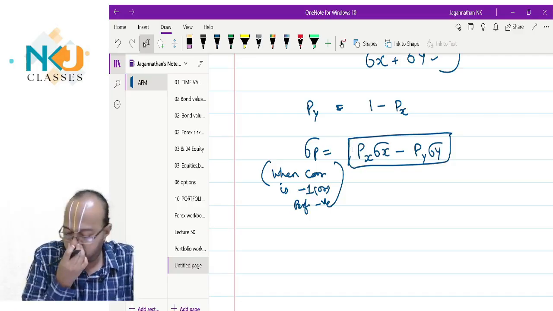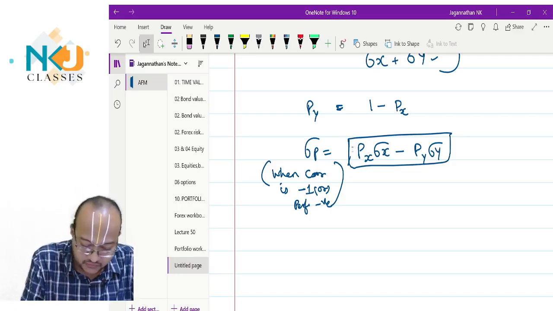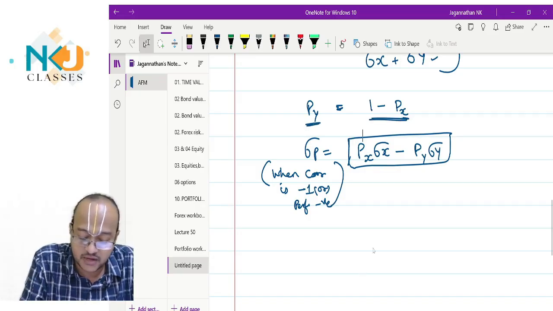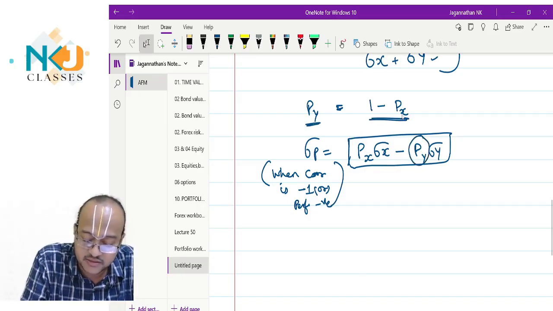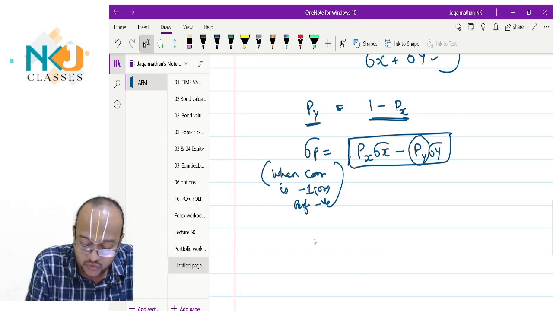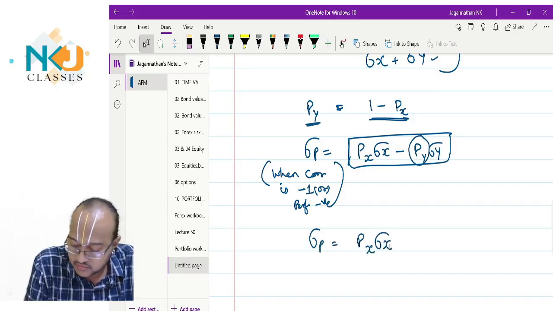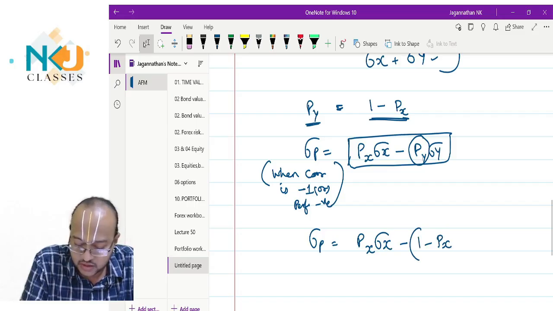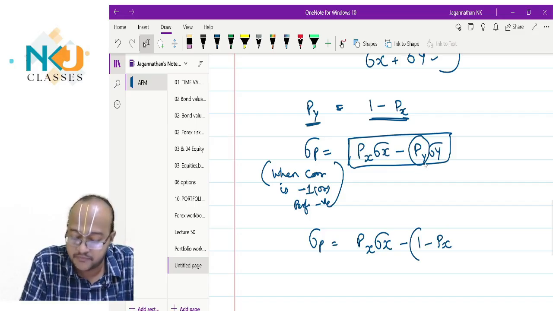Now what we will do, we got proportion of y as 1 minus proportion of x, correct? We will substitute here proportion of y with the same 1 minus x, correct? So portfolio risk is nothing but proportion of x into sigma x minus 1 minus proportion of x, that is what your proportion of y is, into sigma y.